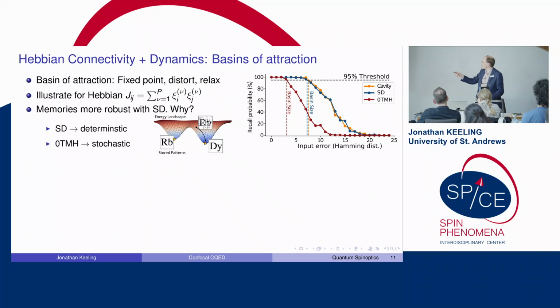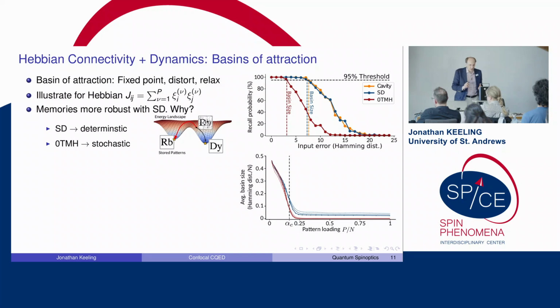And so this is what's kind of going wrong in the zero temperature Metropolis-Hastings case, that sometimes you can escape from one minima that you wouldn't have done with deterministic dynamics. So a net result of that is if I go back to a kind of standard spin glass connectivity matrix of just trying to store more and more patterns, with the zero temperature Metropolis-Hastings, the red picture, what you find is that above a critical number of patterns, you forget everything.